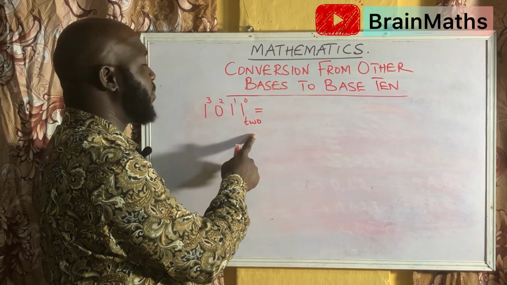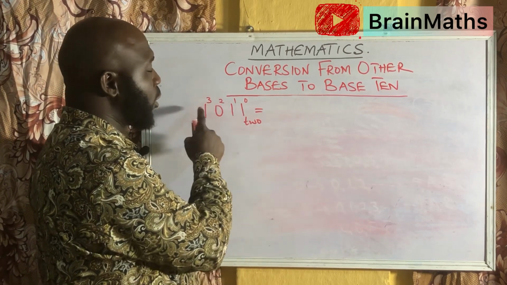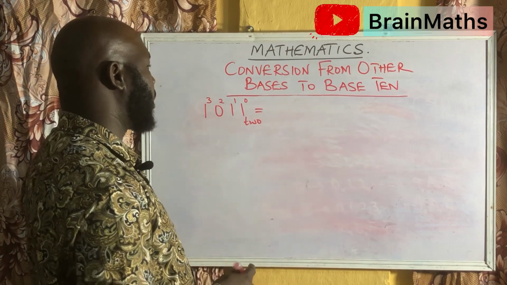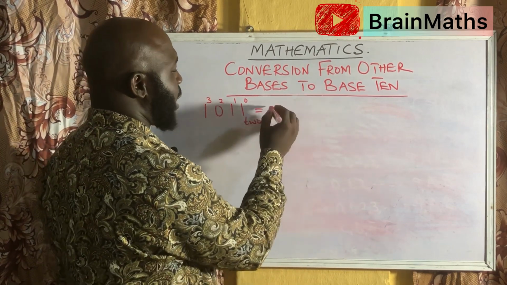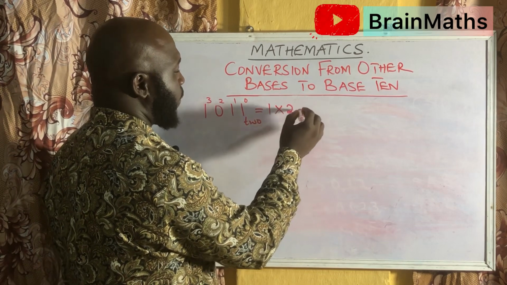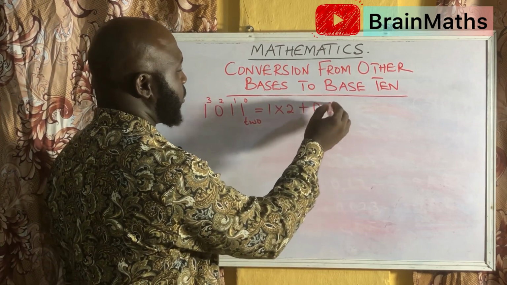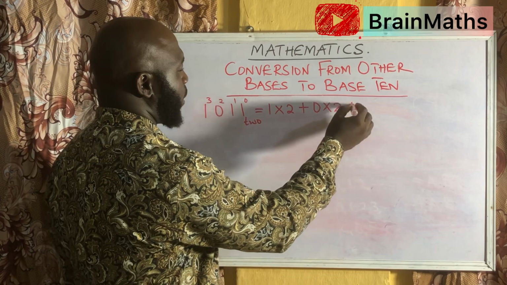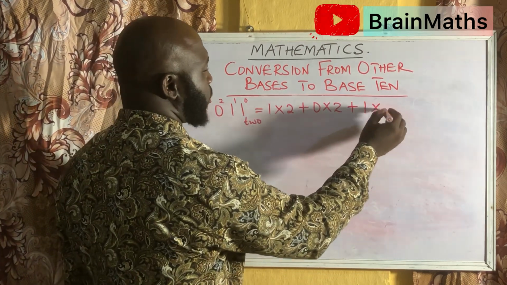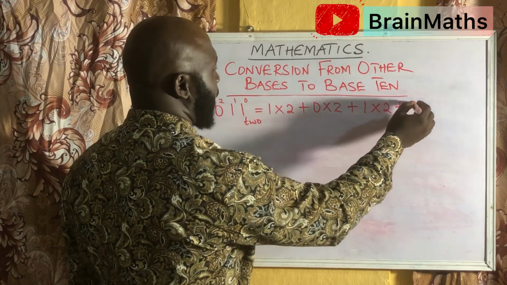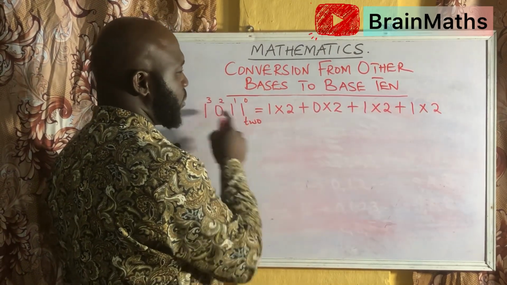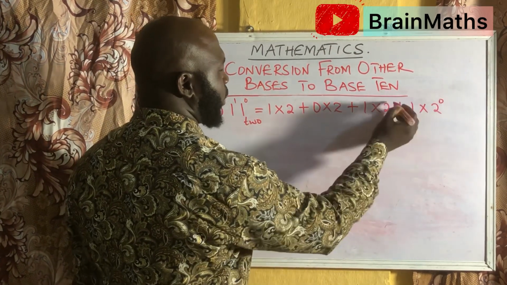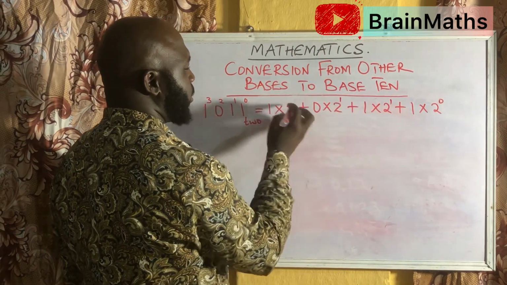So we have 1 times 2 plus 0 times 2 plus 1 times 2 plus another 1 times 2. These powers will now come on top of each of the base numbers.